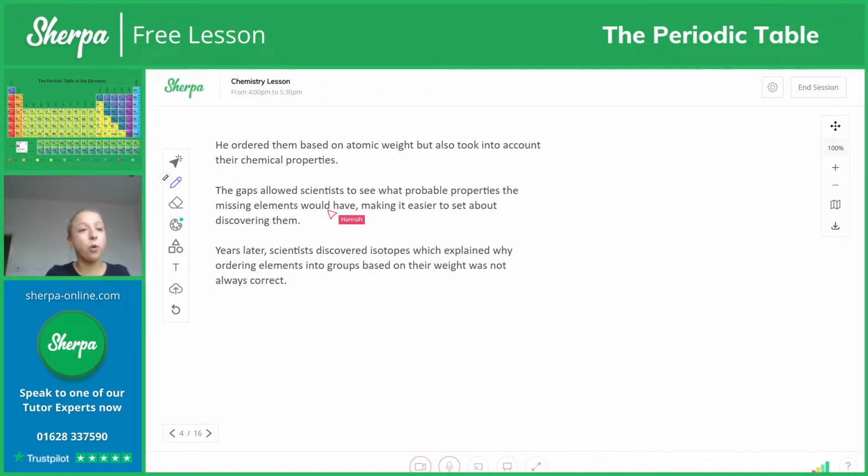What that basically meant was that scientists of the future, when they went to discover these missing elements, could work out what they expected the properties of the element to be. So, you know, we think it's going to be in this group, we think it's going to be a gas, and we think it's going to be very reactive, for example.